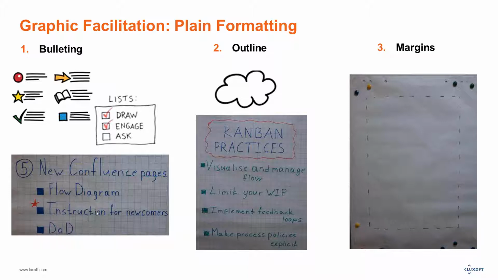In this case, instruction for newcomers is the most important page that should be created out of this list. Outline titles, like Kanban practices here is outlined. Use margins for the lists, it makes your writing more accurate.